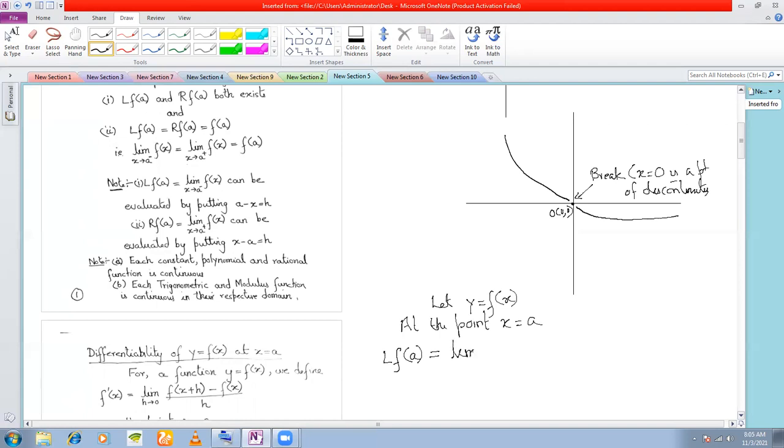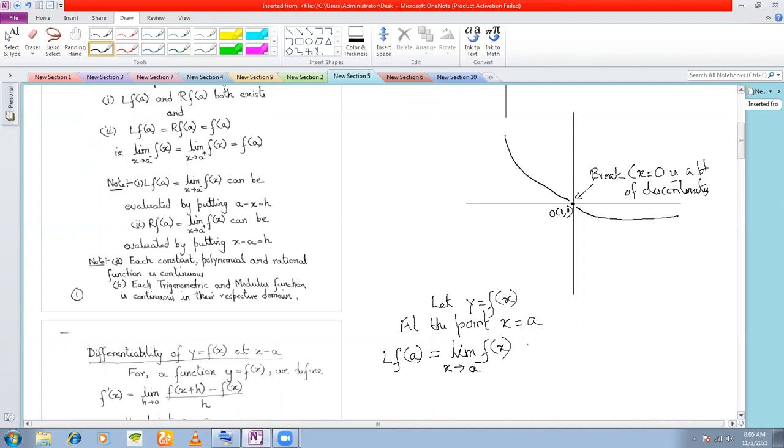Now, what is the left-hand limit of f(a)? If you remember, in class 11 I told you about left-hand and right-hand limits. The left-hand limit of f(a) is defined as the limit as x tends to a from the left, of f(x). This is your left-hand limit.